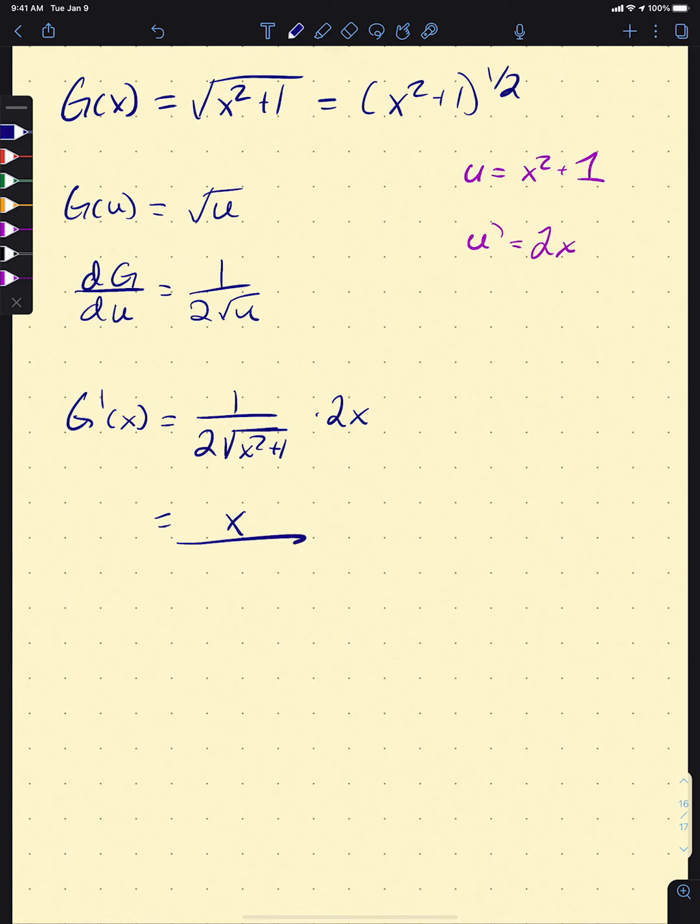Our 2's are going to cancel, and left over we have this, right? When we're taking these derivatives, we want to separate them, right? Choose some value of u so that things separate nicely, right? Take the derivatives separately, and then multiply them back together, resubstituting in, okay?